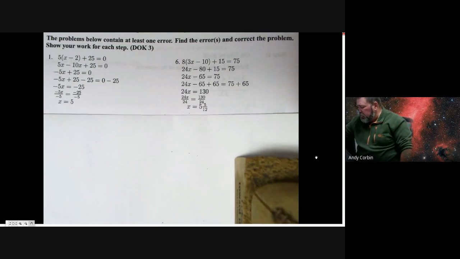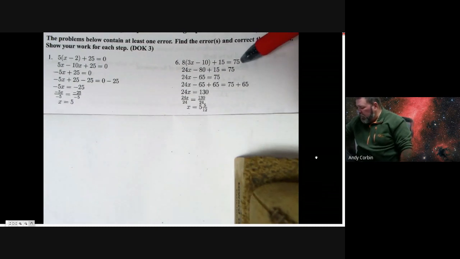Okay. How about number 6? Somebody different walk me through from line 1 to line 2. What's your pre-shift? Lily, what's the pre-shift in line 1 to line 2? What are you going to take care of first? I don't know.